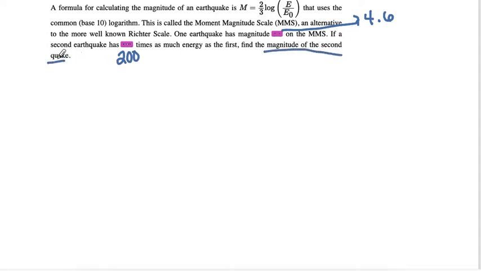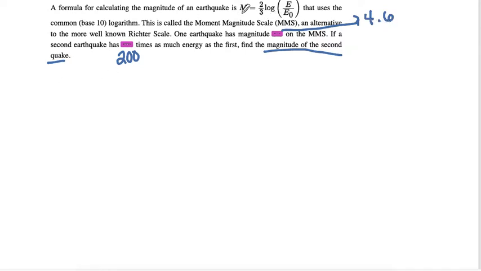So what we're going to do is use the MMS equation and put in the information that we do know about the first earthquake, because we do have that magnitude.